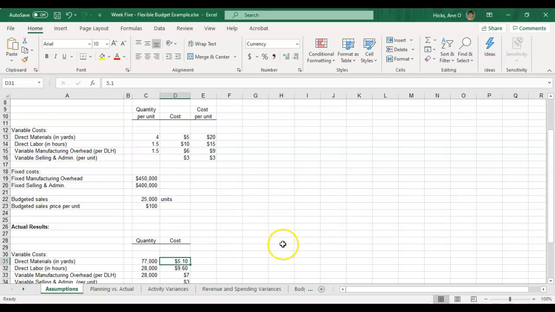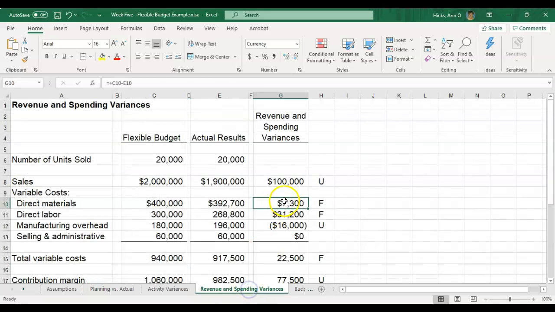We paid $5.10. Seems like we should have an unfavorable variance. What isn't taken into consideration there, though, is how much material that we used. So that also could impact the difference in cost of direct materials.